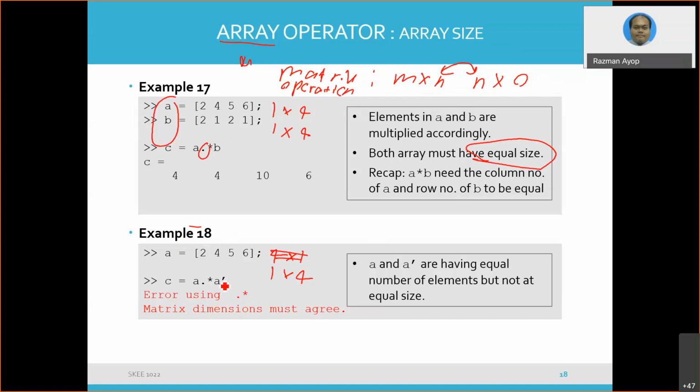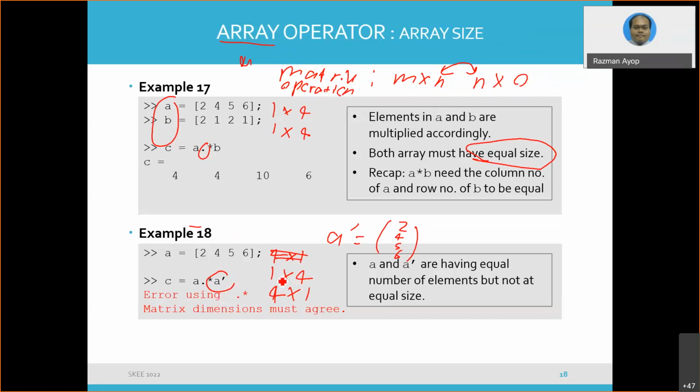And this one is transposed, which means it will become 4 multiplied by 1. So A transpose is equal to 2, 4, 5, 6. So you will get this. So this is a different size.